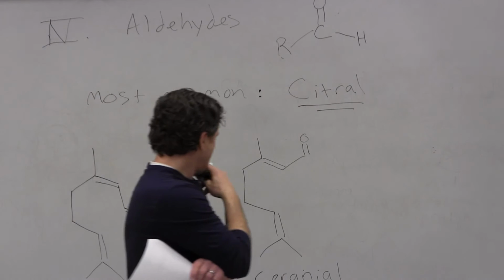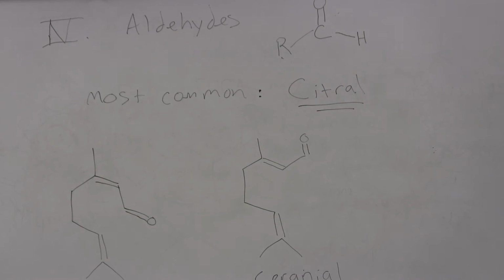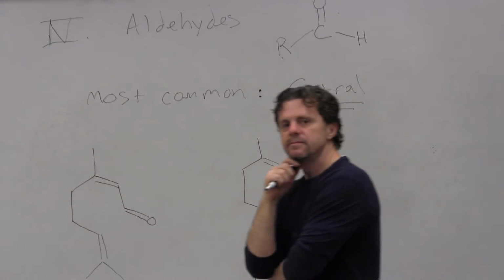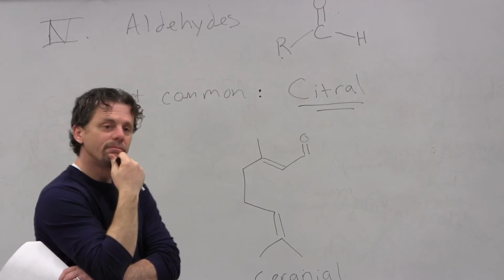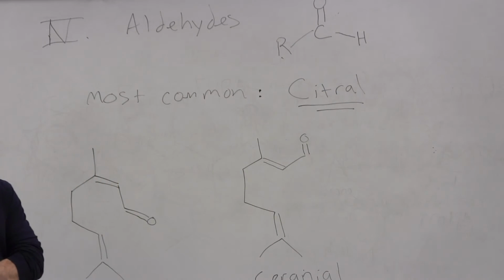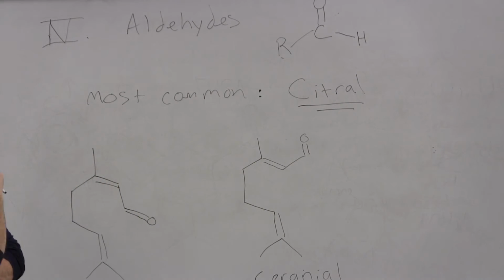Now, those are obviously isomers of one another. What kind of isomers would you classify those as? Cis and trans isomers, or geometric would also apply.